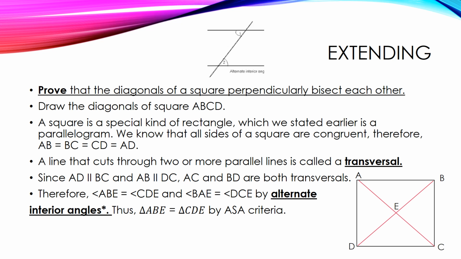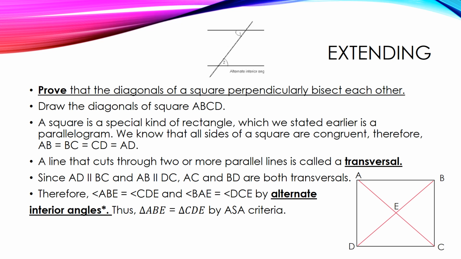Alright, so our first proof extends from our definitions: a square has perpendicularly bisecting diagonals. First, to prove that, we're going to draw the diagonals of square ABCD. So here's our square, and the diagonals will be AC and BD. A square is a special kind of rectangle, and as we mentioned earlier, a rectangle is a parallelogram, so therefore a square is also a parallelogram.